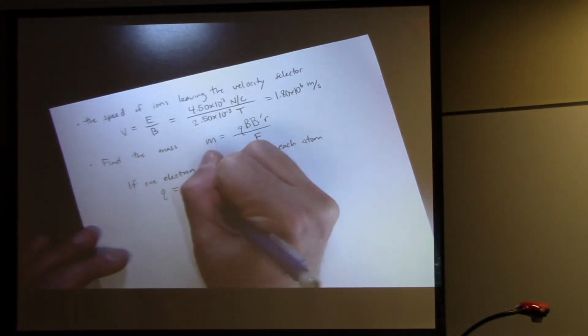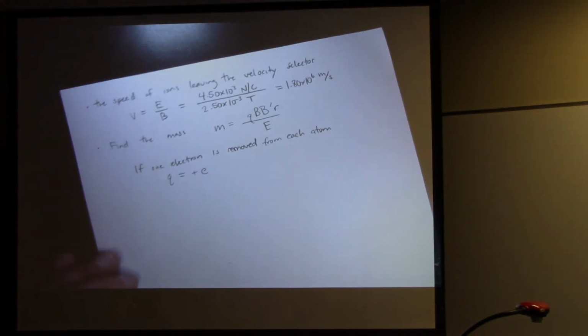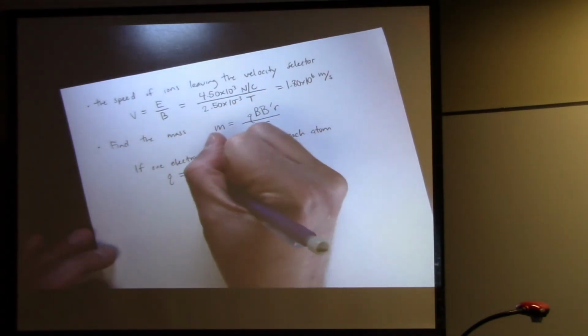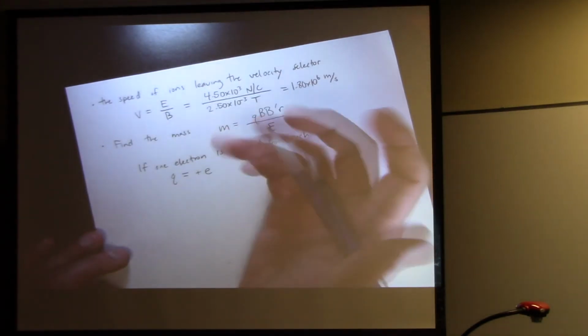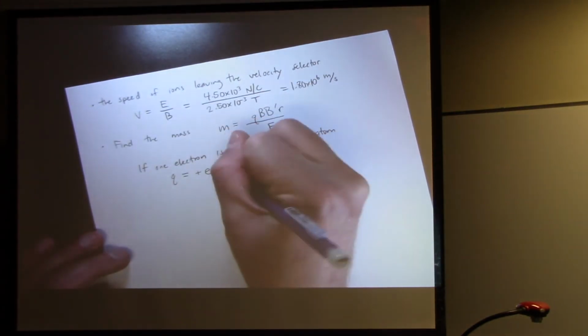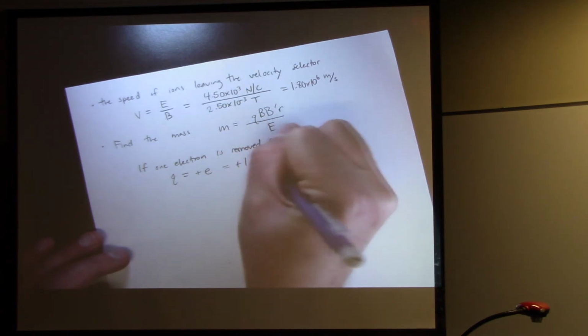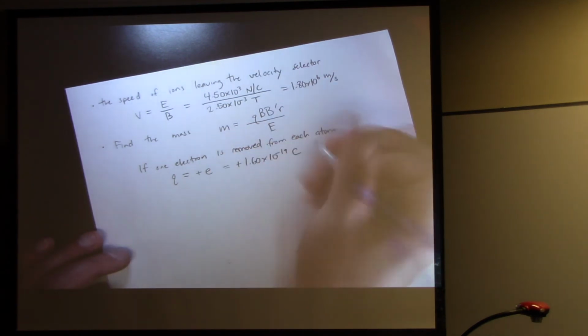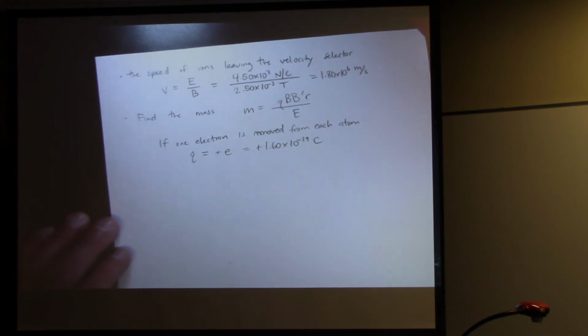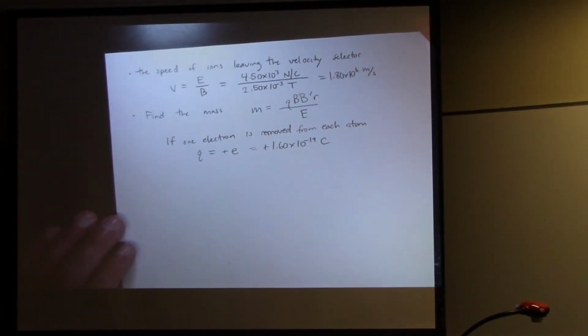Now we're just going to have the positive version of that, because we took away negative charge, so we have positive charge. And that's going to be positive 1.6 × 10^-19 coulombs. So that's going to be the charge of each one of these ions that we're trying to get the mass of.